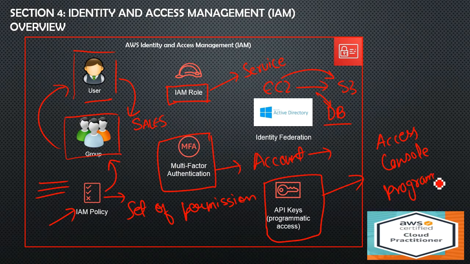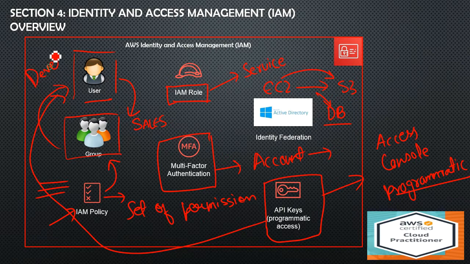For example, you have the developer team. They need programmatic access, so you need to assign programmatic access to the user who is going to be part of the developer group. But if a user is going to manage finance, as part of the finance team, he needs access to the console, because you can access billing and finance related tasks from the console.